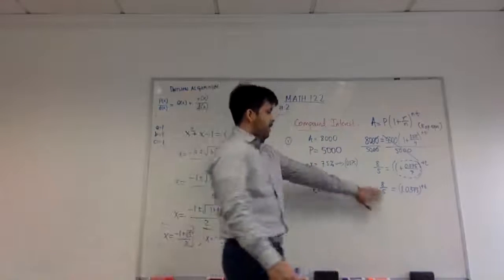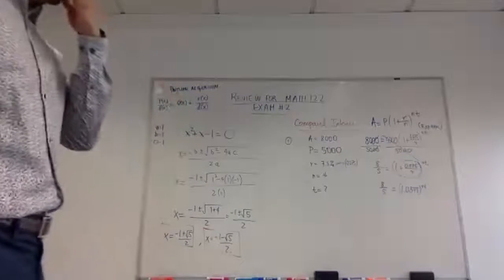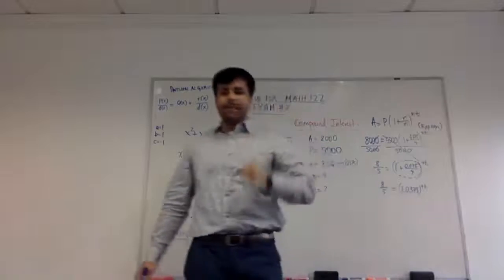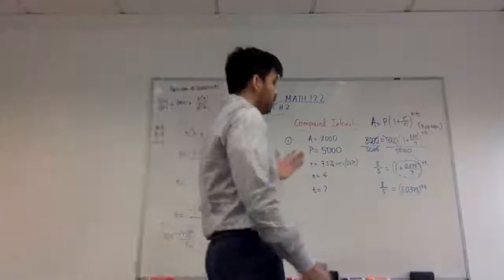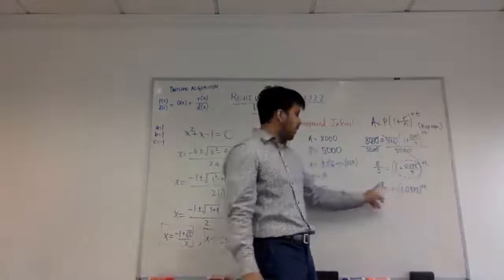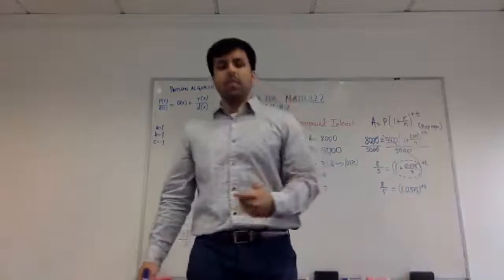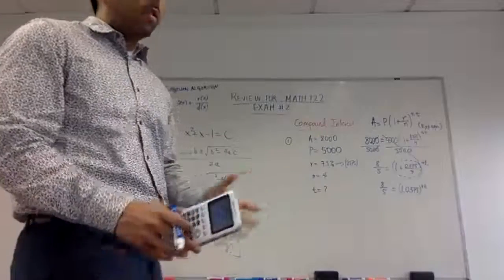So I still have an exponential equation, but I want to bring down that t. So what I can do is use a log. I could take logs on both sides because these are two equal expressions. If I take log on one side, it's the same thing as taking log on the other side. Here you can use either log base 10, log base e, or any other log base that you want.